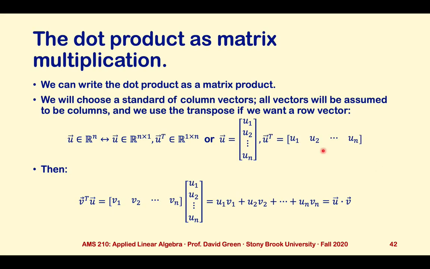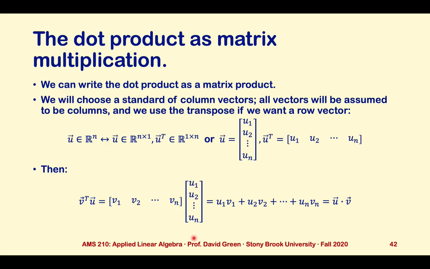With that standard, what would v transpose u look like? It's a row vector of elements v_i and a column vector of elements u_i. We can multiply this matrix that has one row with this matrix that has one column.